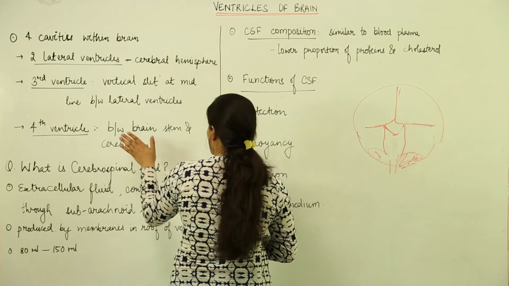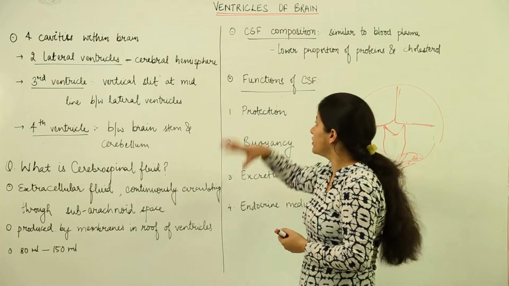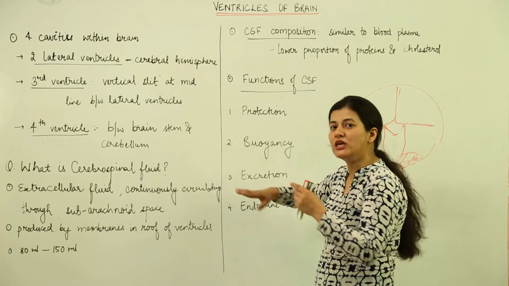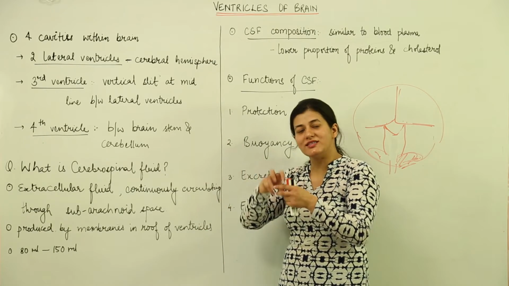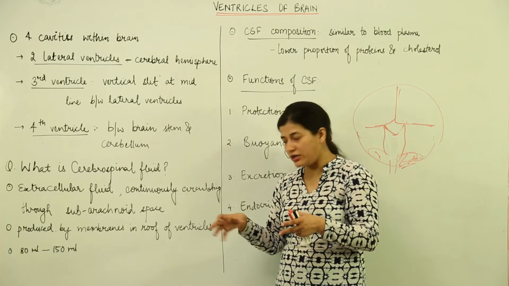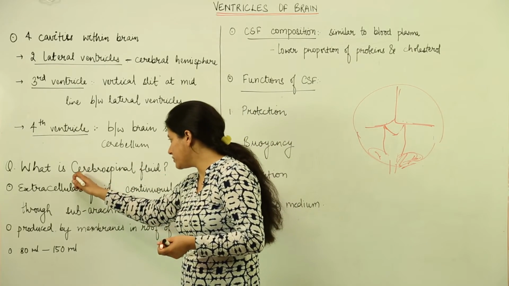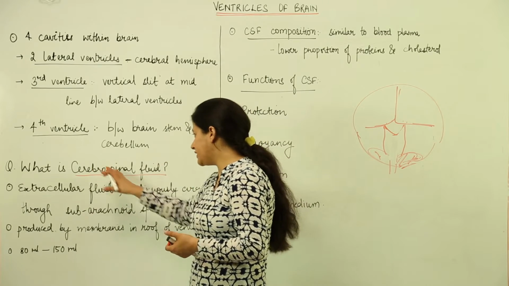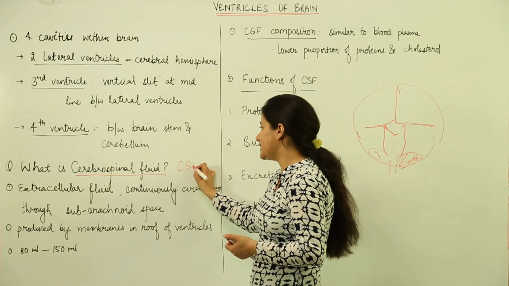Now, talking about the cerebrospinal fluid, that is an important topic, even more important than the ventricles themselves, but we study cerebrospinal fluid along with ventricles only because it is secreted abundantly by the ventricular membranes. Now, what is CSF? I am going to use this term for further references, cerebrospinal fluid, or in short we say CSF.